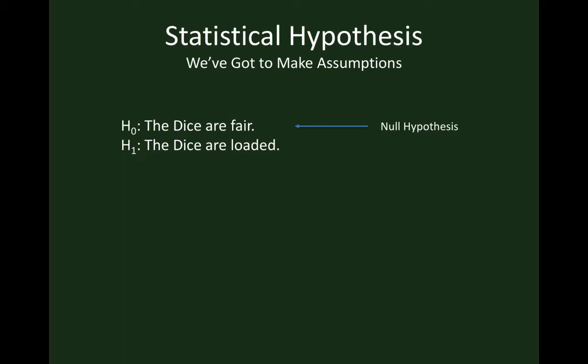It's important to me that you understand the concepts, the flavor of how this works, rather than all the technical details. But in any case, always when we create a statistical hypothesis, we do it in two parts. We have the null hypothesis, dad's innocent, and we have the alternative hypothesis, which is the dice are loaded. And notice these statements are what we call dichotomous.